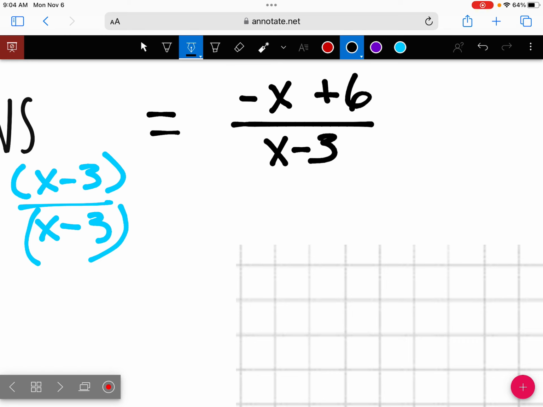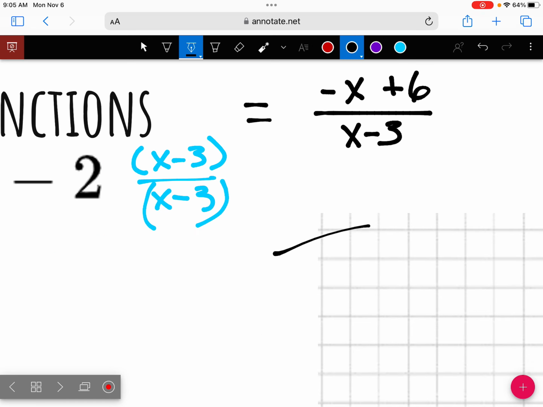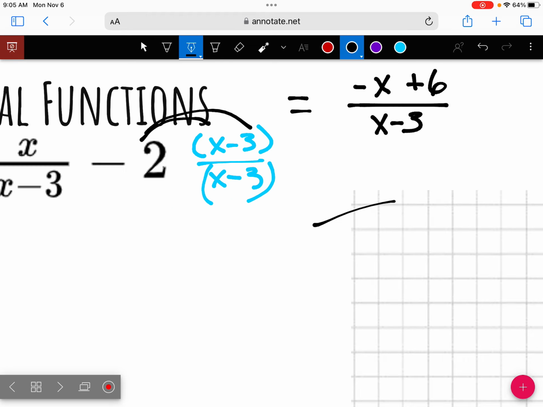Or do we need more steps? We took this minus 2 times our x and our minus 3, and I just combined it together with my x minus 2x. So you just simplified? I distributed and simplified in one step. Can you do it out?